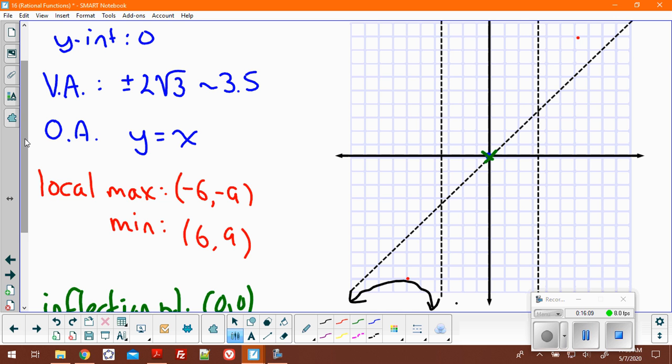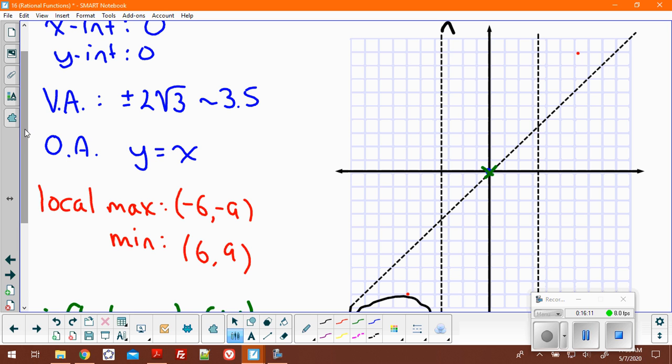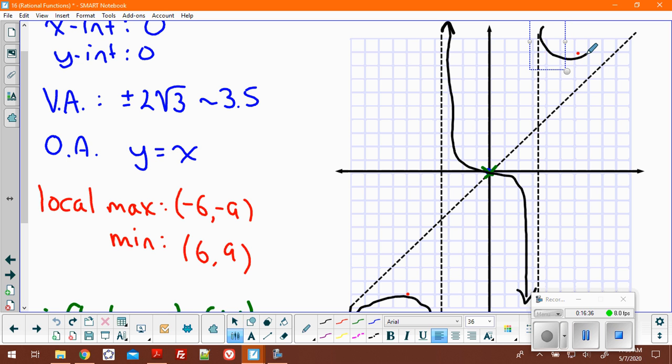In the middle, it was decreasing. So that means I have to start up here, come down. I have an inflection point, so it twists. It twists, and I know that the derivative had a tangent of 0, so it has to get kind of flat there for a second, and then keep going down. And then it still decreases from here.